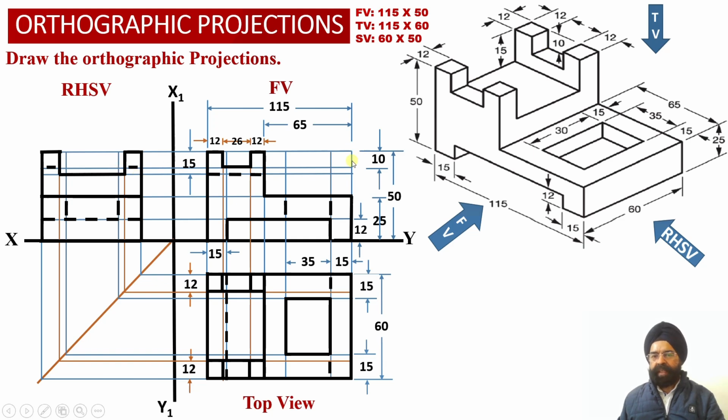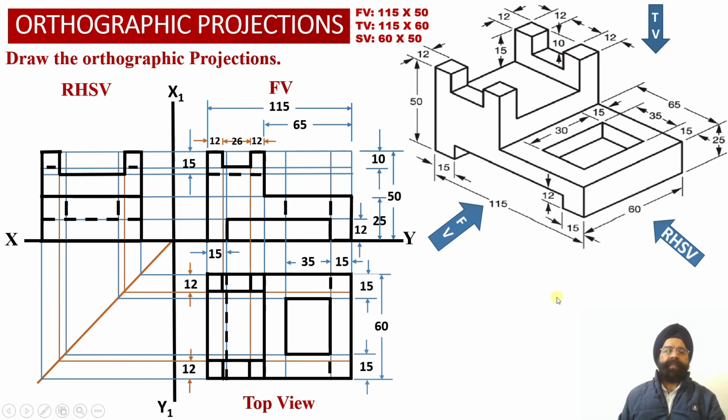So we can check, this is a 10 millimeter distance from the top where this rectangular groove has been obtained into the front view projection. So into the side view projections, this dotted line projection will be available at a distance of 10 millimeter from the top surface of the solid.